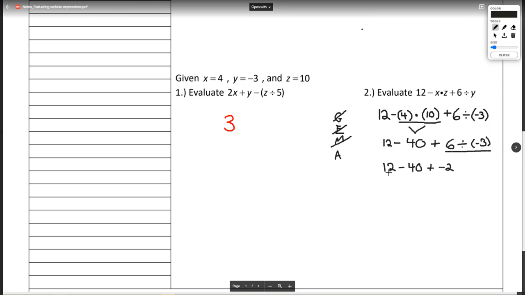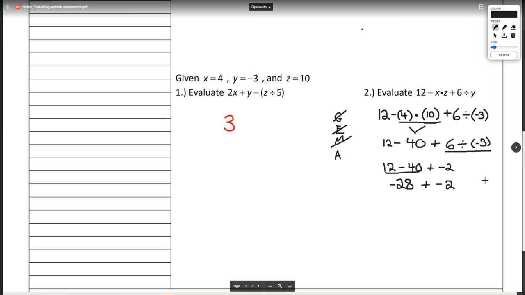Finally, add and subtract. If I have 12 and I'm taking away 40, when I subtract, I'm going to get 28. And it's going to be negative because I'm taking away more than I had. Then I bring down my plus negative 2.